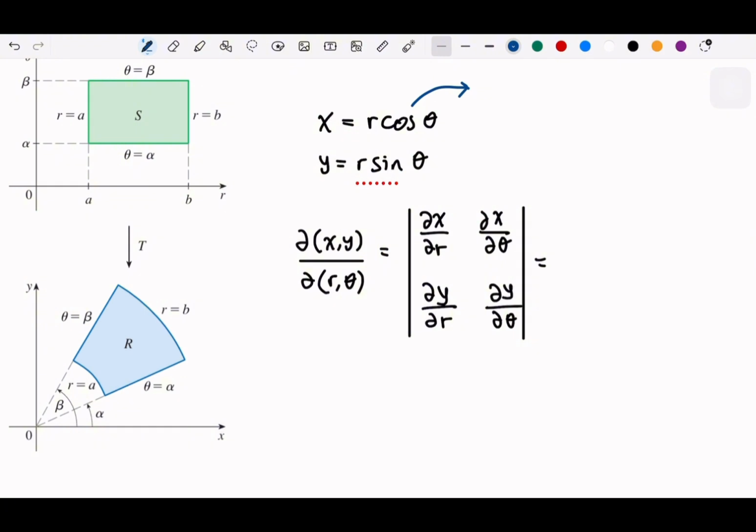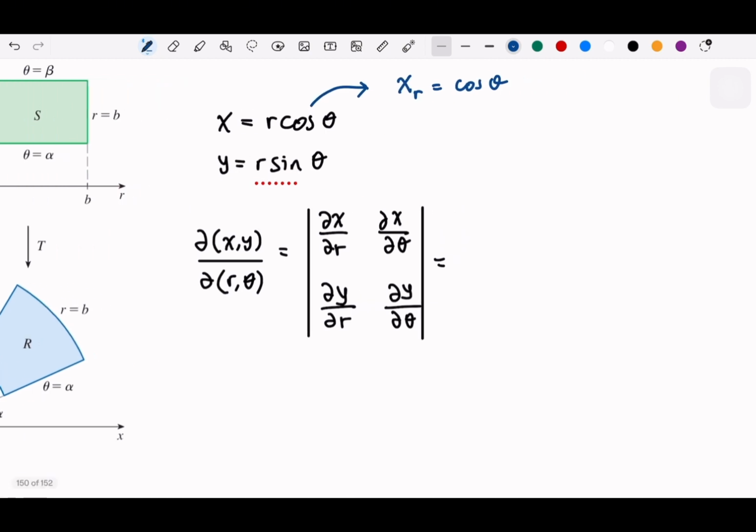Sometimes we write x subscript r, the same thing. This is partial x, partial r. Let me just write directly in the equation, and I will explain along the way. So partial x, partial r will be cosine theta. Partial x, partial theta, which means we partially differentiate with respect to theta, will be minus r sine theta.